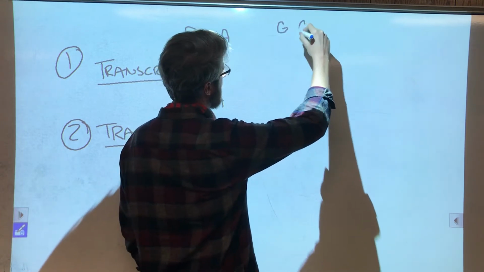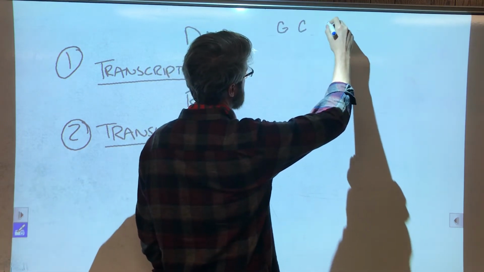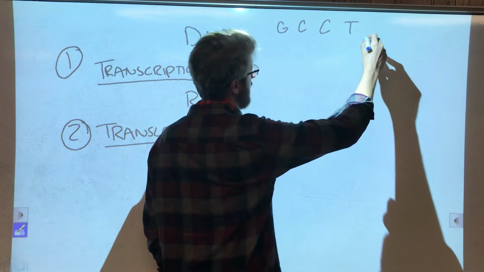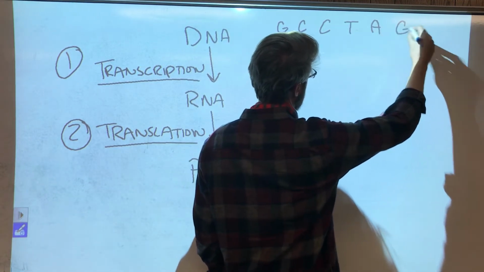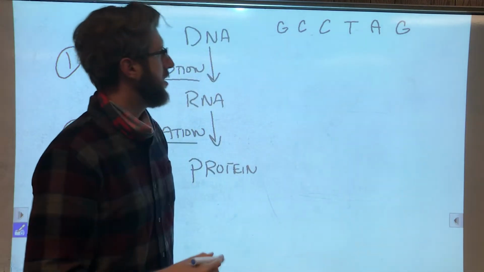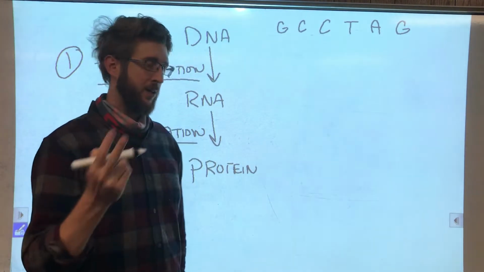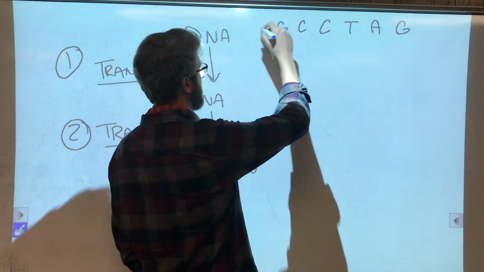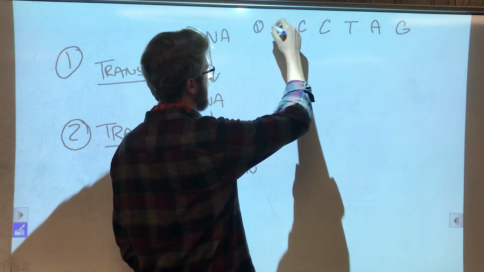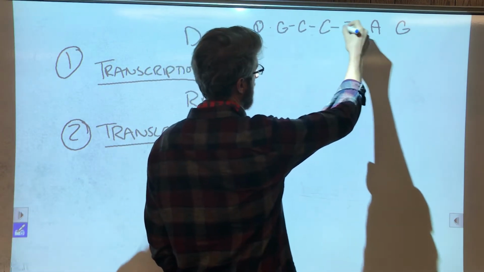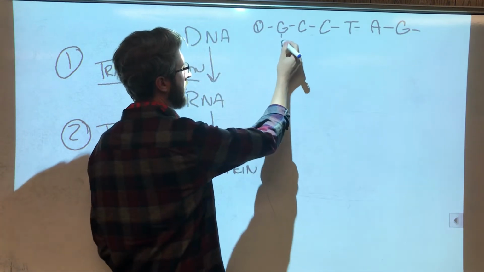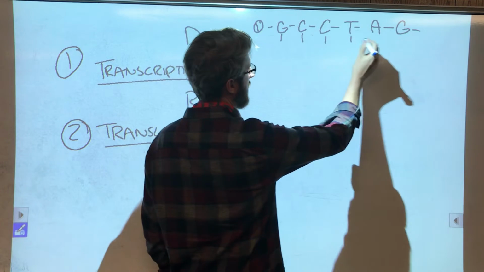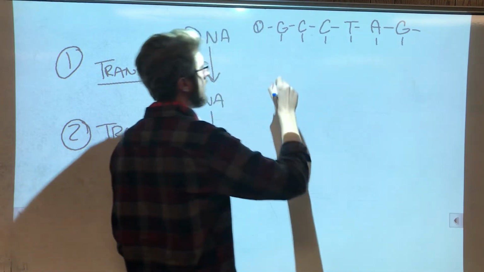So let's just say G, C, C, T, A, G. So that's one strand of DNA. DNA is 2-stranded. So there's strand 1. But then there's another strand directly across from it that those guys are linked to.